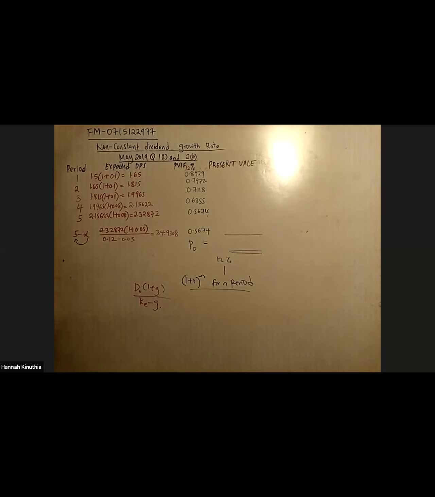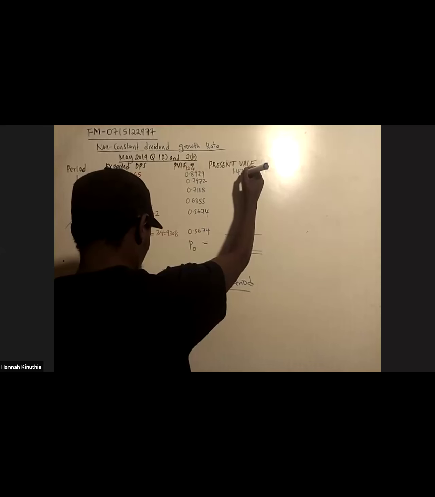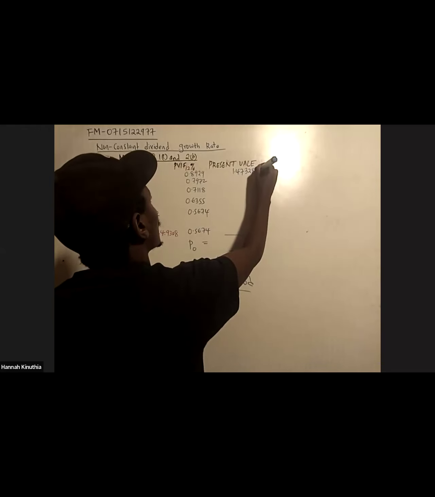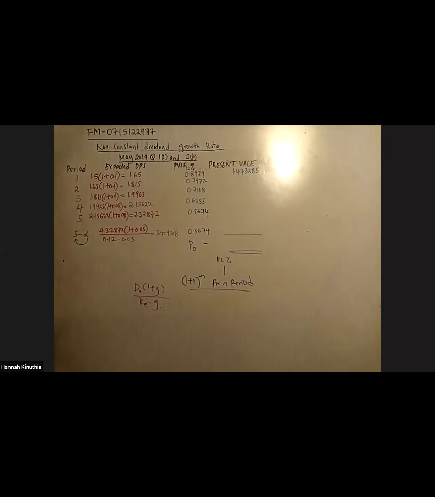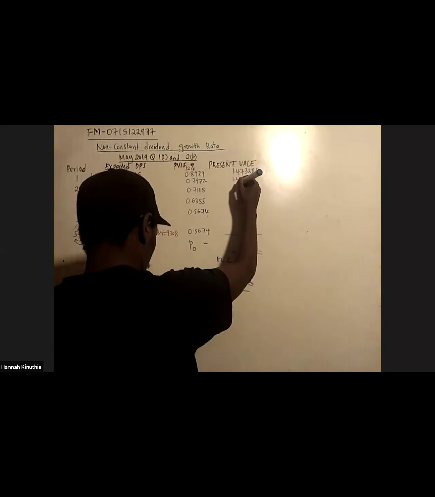So to answer, 1.65 times 0.8929 gives 1.473285. Next, 1.815 times 0.7972 gives 1.4469.